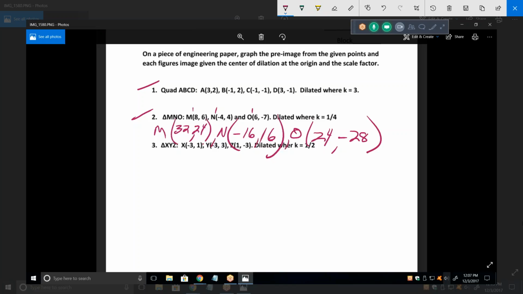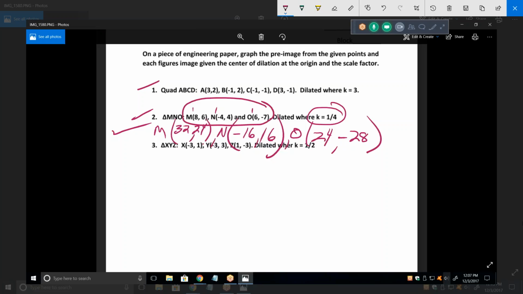Now, again, we're merely going backwards. In other words, the problems you originally got when talking about dilations was they would give you those 3 points, M, N, and O. And then they would say, what's the dilated figure with a K of 1/4? And you would multiply each of these by 1/4 to get these.